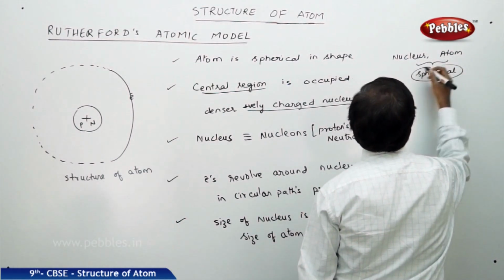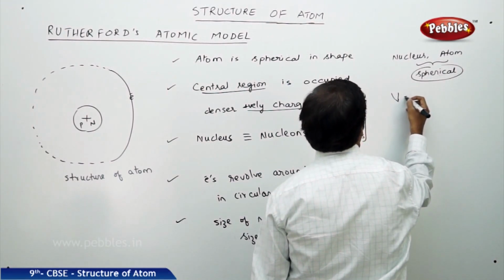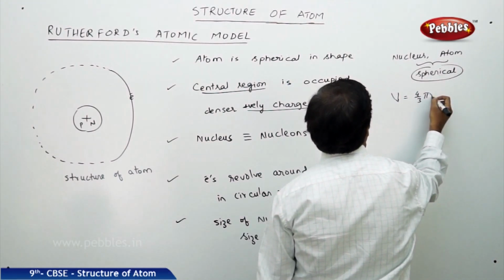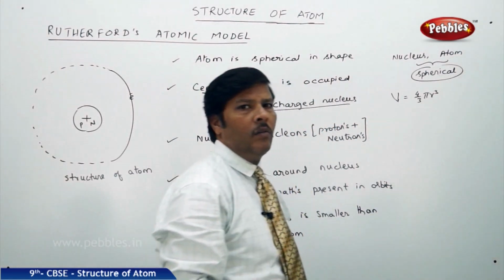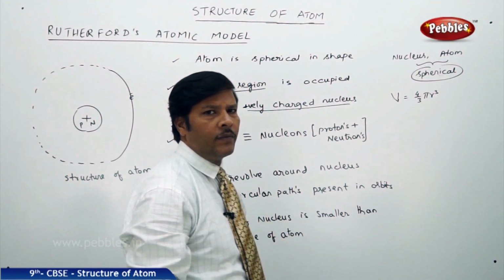If it is spherical in shape, then the volume of the sphere, we know, is 4/3 of pi r cube.